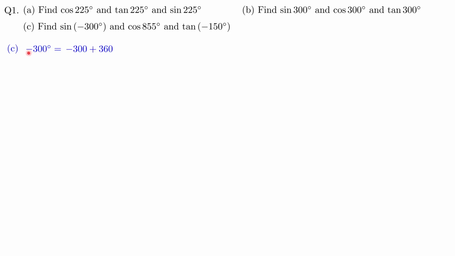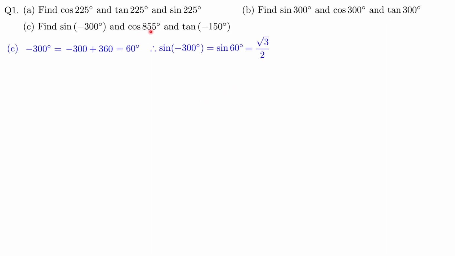So we can just go to the angle minus 300 and we just add in a revolution, 360 degrees, and it becomes 60 degrees. So again, these are two different numbers, but they represent the same angle. So therefore, we transform the original question from this to this because these are the same angles. And because it's sine 60, we don't even need an ASTC diagram. This is just straight up exact value table and just root 3 on 2.